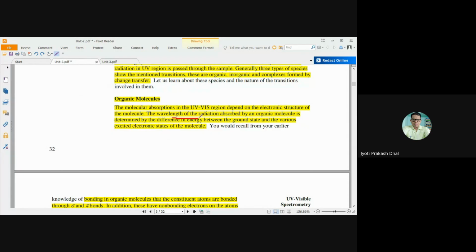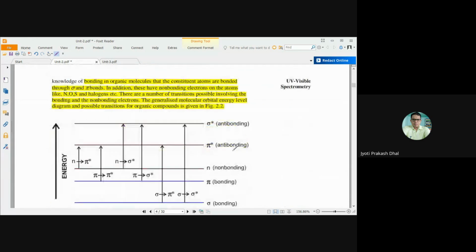The wavelength of the radiation absorbed by an organic molecule is determined by the difference in energy between the ground state and the various excited electronic states of the molecules. So for this reason, now we will discuss what are the different energy levels in an organic molecule, what is the ground state energy level and what are the different excited state energy levels.